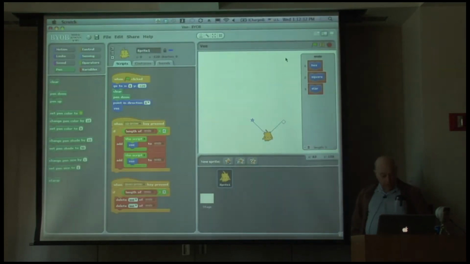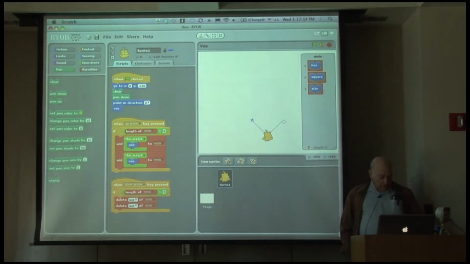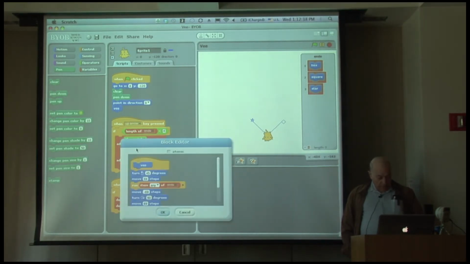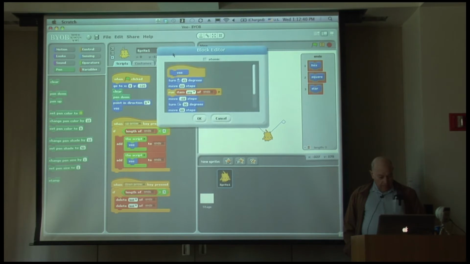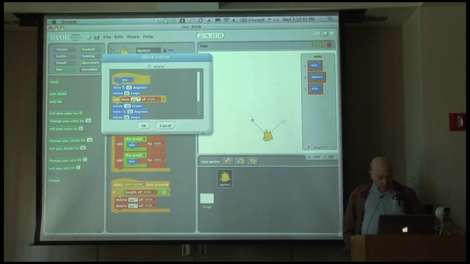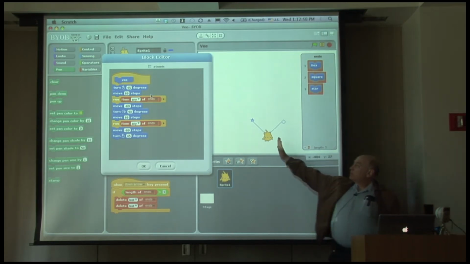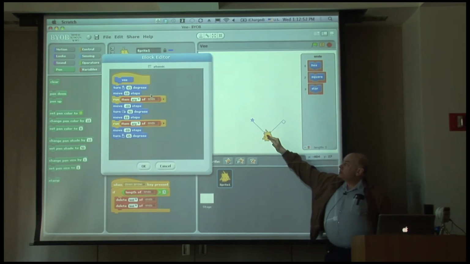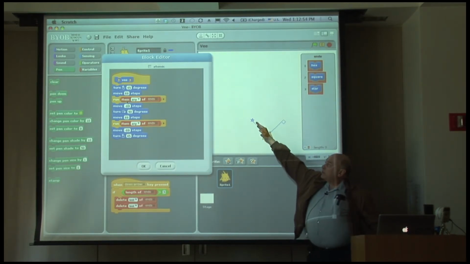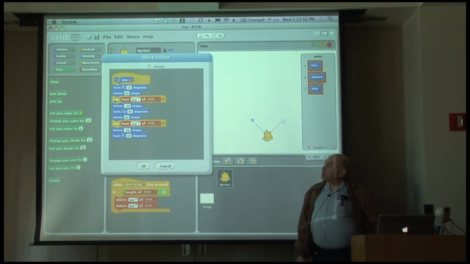Let me show you the V block by editing it. So here's the definition of V. It says, turn left 45 degrees, move forward, and then here's the interesting part.